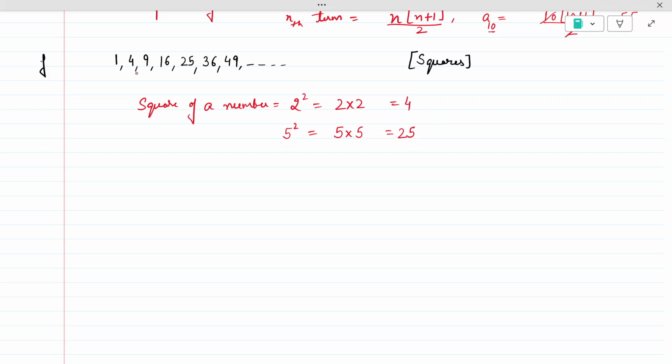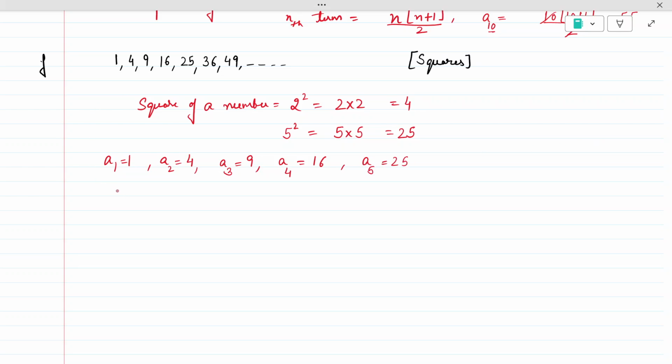Now, coming back to the sequence, let us see. The number present at the first position is 1. The number at the second position is 4. Third position, we have 9. Fourth position, we have 16. Fifth position, 25, and so on.